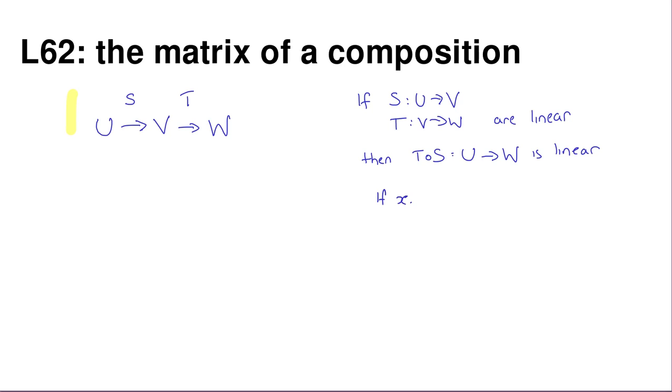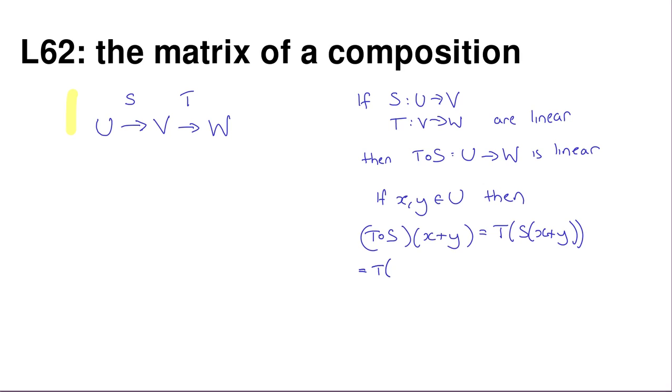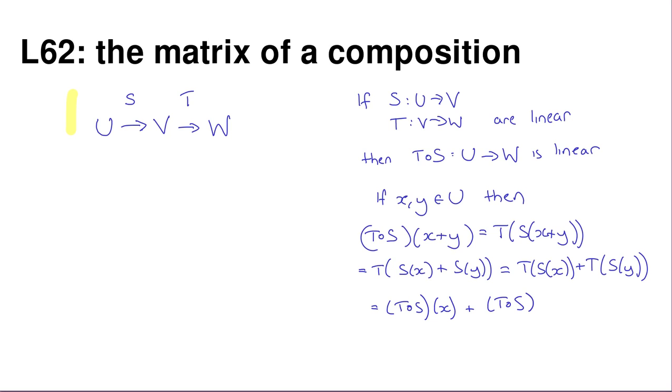If you take X and Y to be elements of U, then T composed with S of X plus Y means T of S of X plus Y. Because S is a linear map, I can rewrite this as T of S of X plus S of Y, and because T is a linear map, this is T of S of X plus T of S of Y, which is T composed with S applied to X plus T composed with S applied to Y.